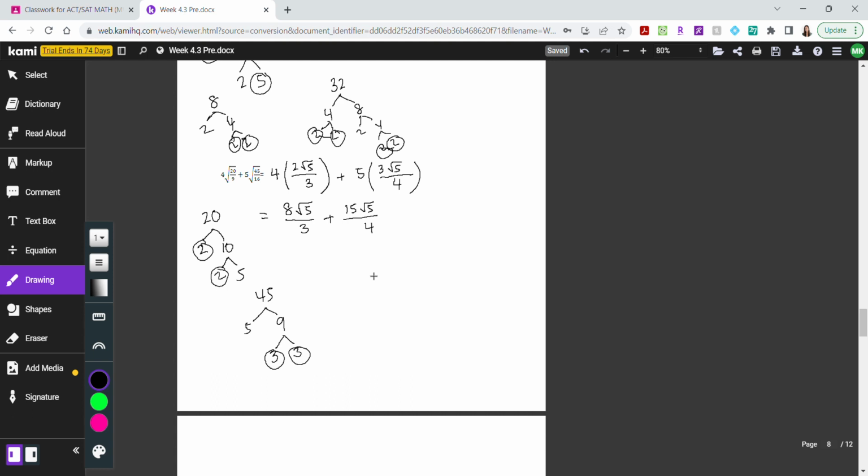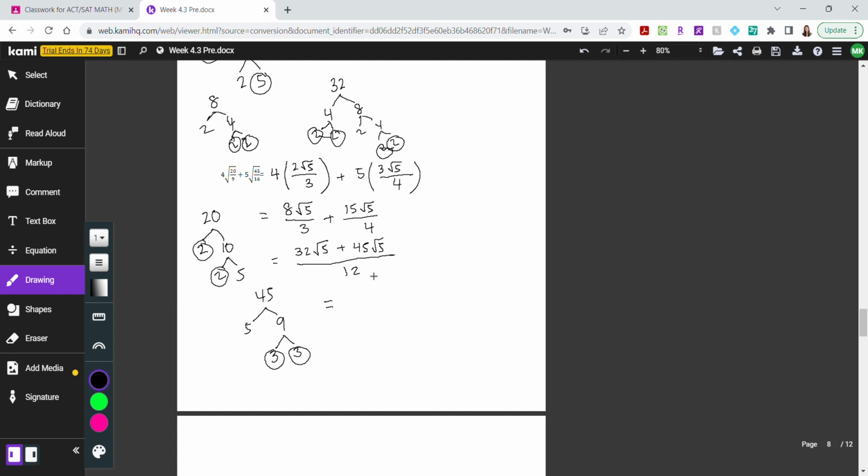We can still simplify this even further because we can find the common denominator, right? I know the common denominator for 3 and 4 is 12. So let's multiply top and bottom here with 4 and top and bottom here with 3. So we're now going to get 32 square root 5 plus 45 square root 5 over 12.